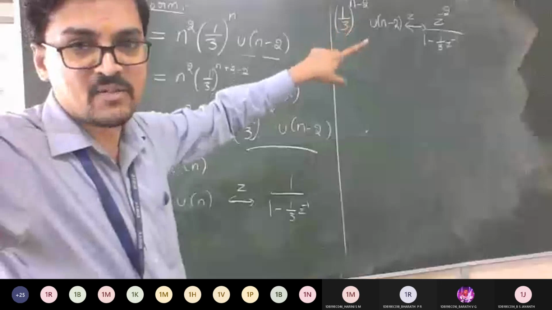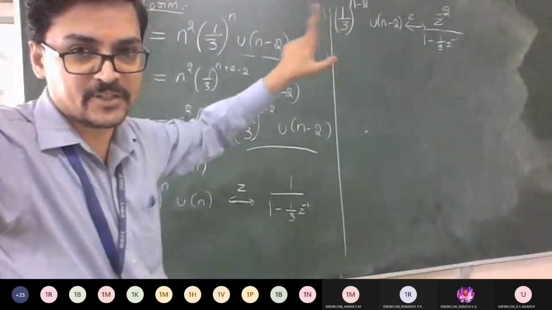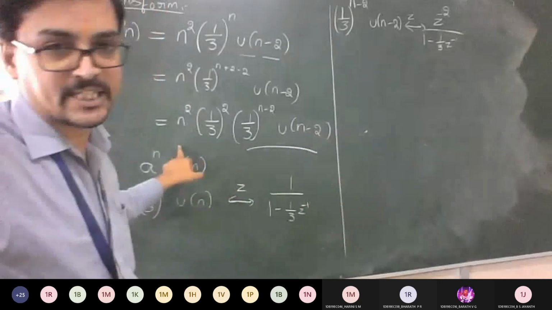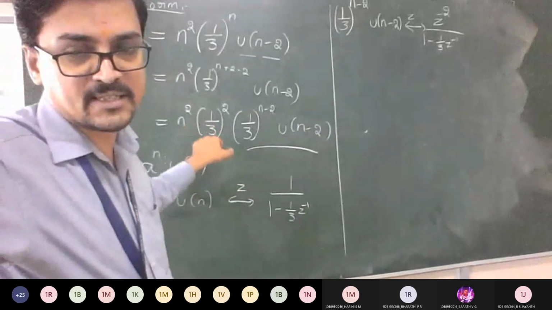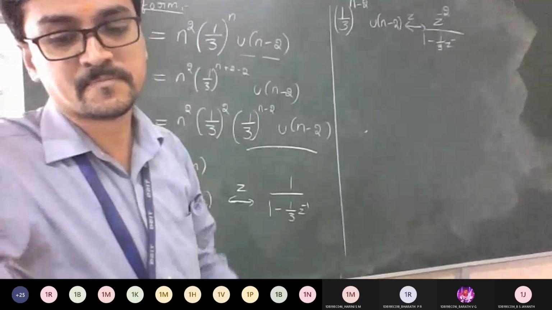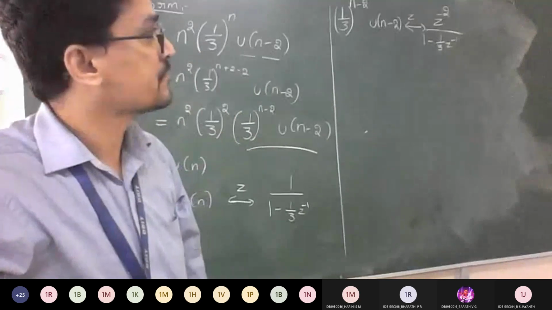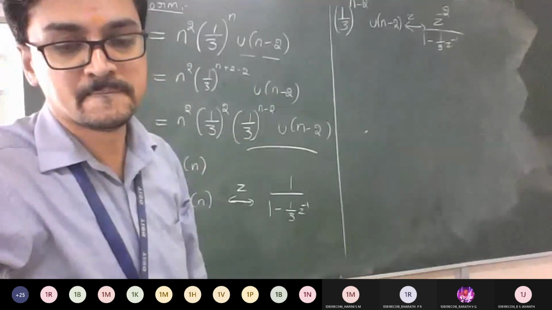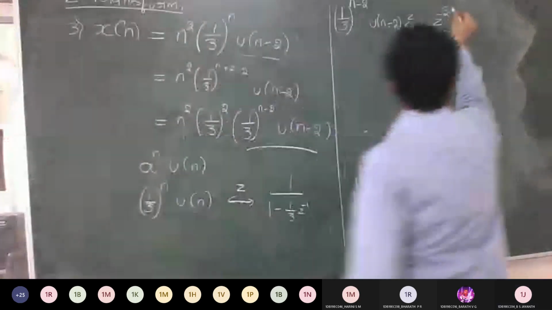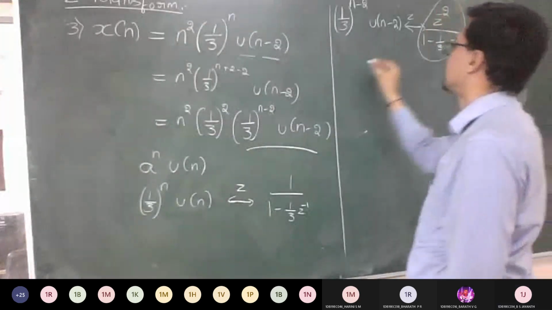Correct? Similarly, whatever answer you got after doing the first differentiation, if you perform one more differentiation, you are going to get this answer. For that, just multiply by 1 by 9. Am I clear? So proceed, guys. You can take this as x of 1 or x1 of z.